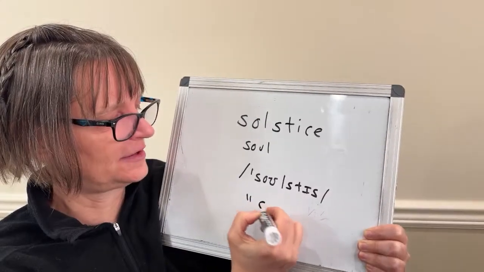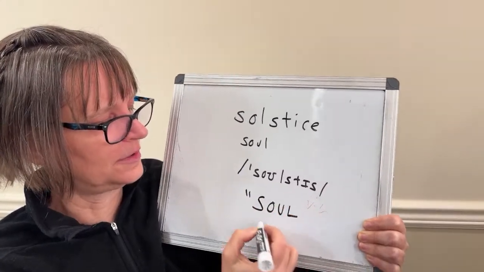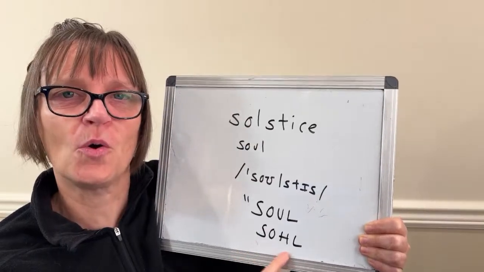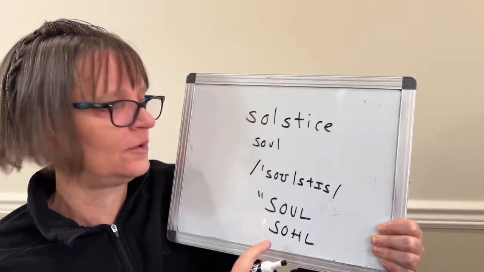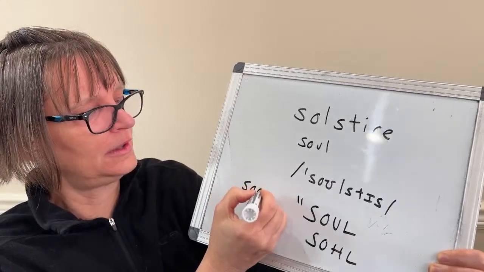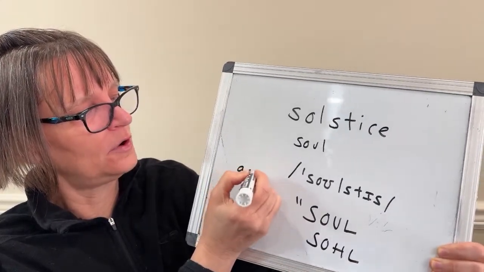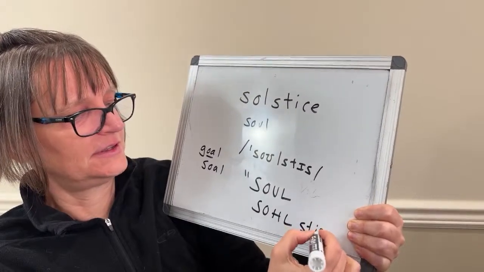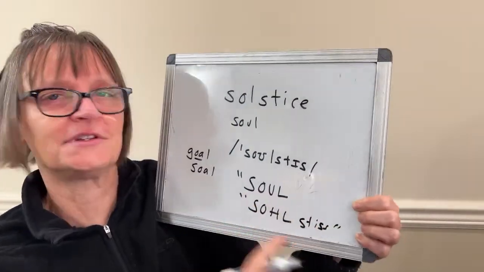So you can think about it like "soul," whatever is easiest for you to picture, that "ol," like we have in "whole" or "goal." Even you could think of it as "sol," because we have the word "goal," where OA says the O sound, and then just a light "stis," solstice.